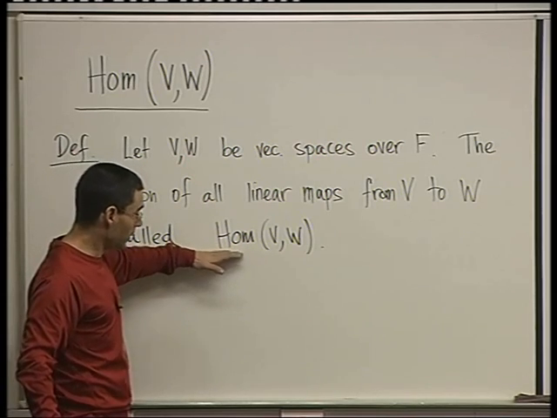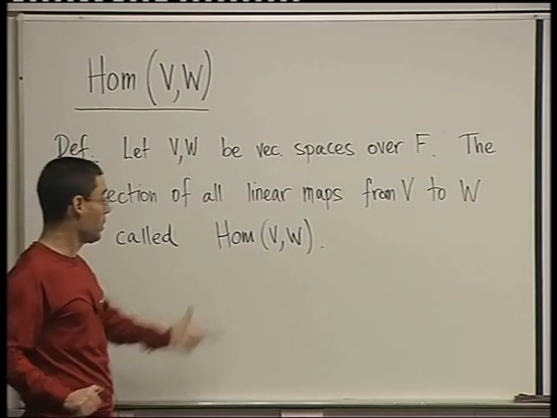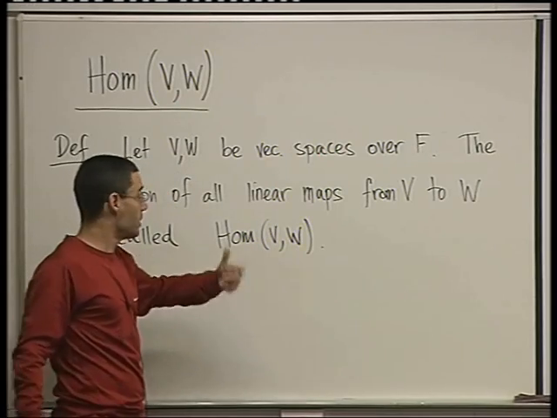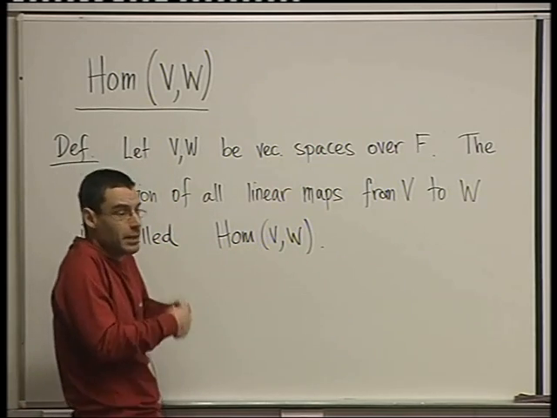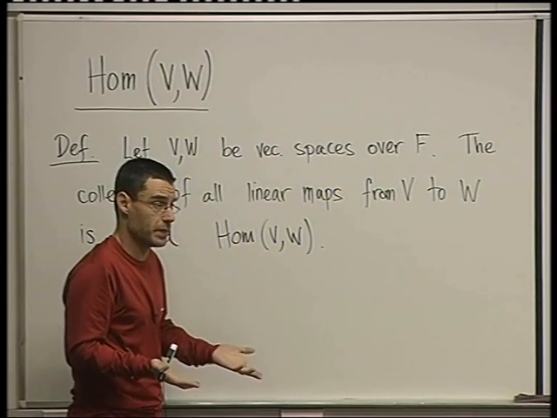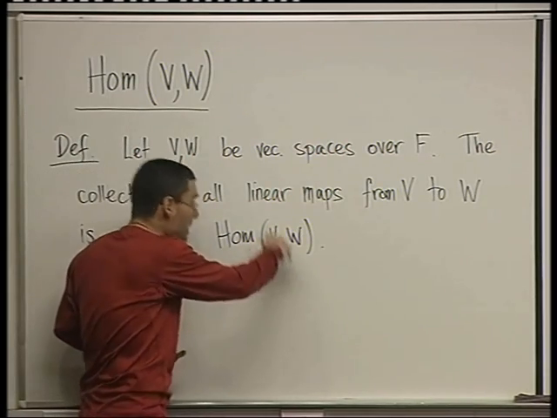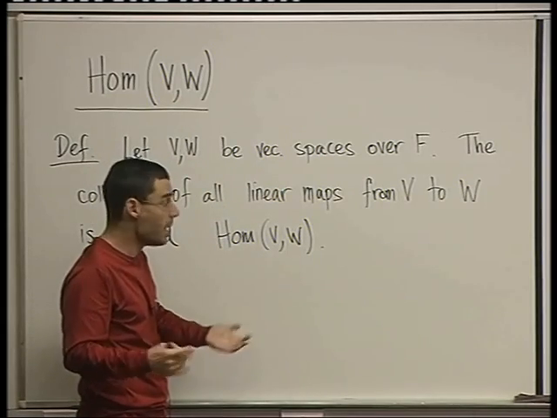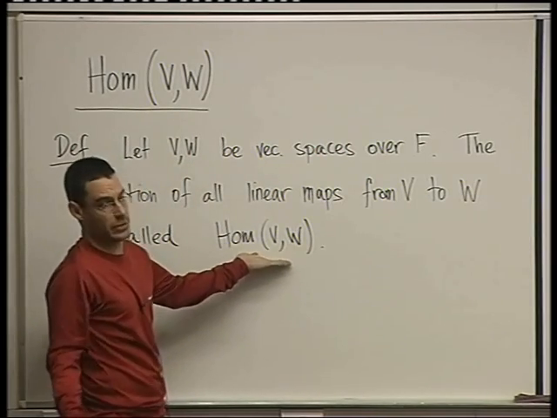So in complete generality, when V and W are any algebraic structures, this can be defined. These can be two fields, two groups, any two algebraic structures, and we look at the appropriate maps that preserve the structure, and those are in general called homomorphisms. The appropriate maps for vector spaces have a specific name, which we call linear maps or linear transformations, but they're just the homomorphisms in the context of vector spaces.